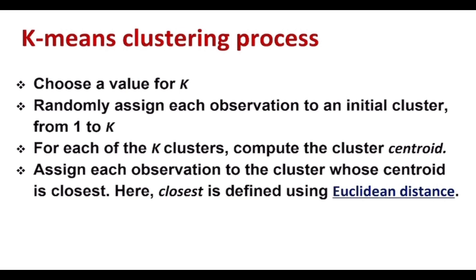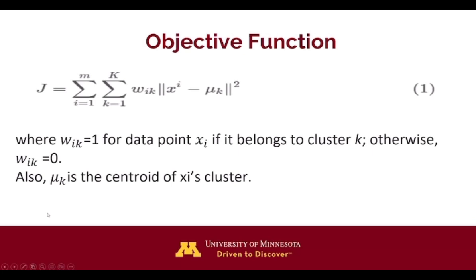Now the next thing we want to talk about is that we want to minimize the within variation, the intra-class variation, the variation between objects in the same cluster. So we are going to have this as the objective function.